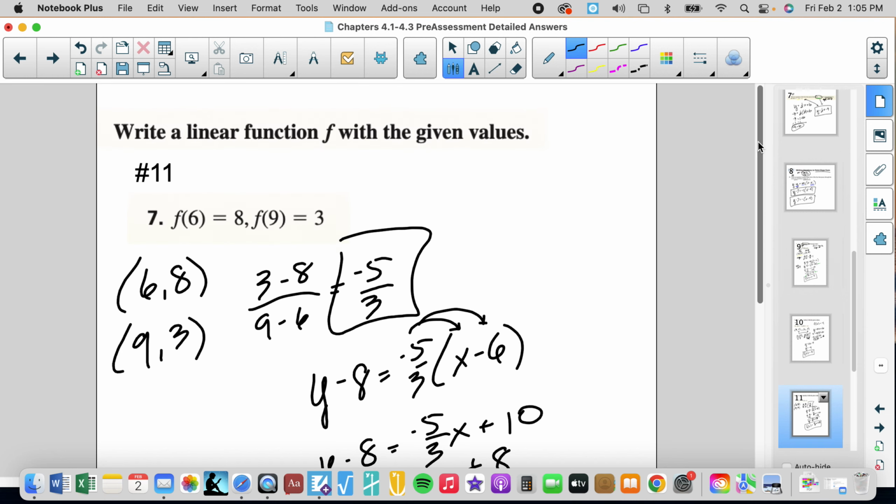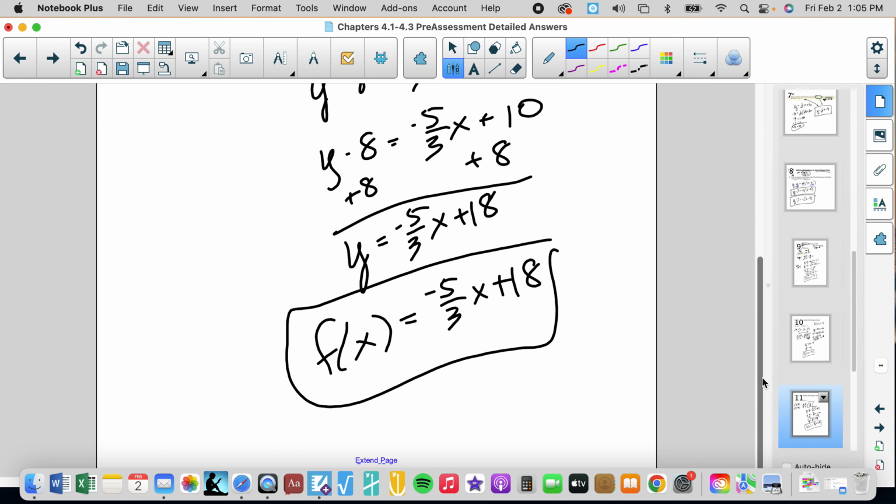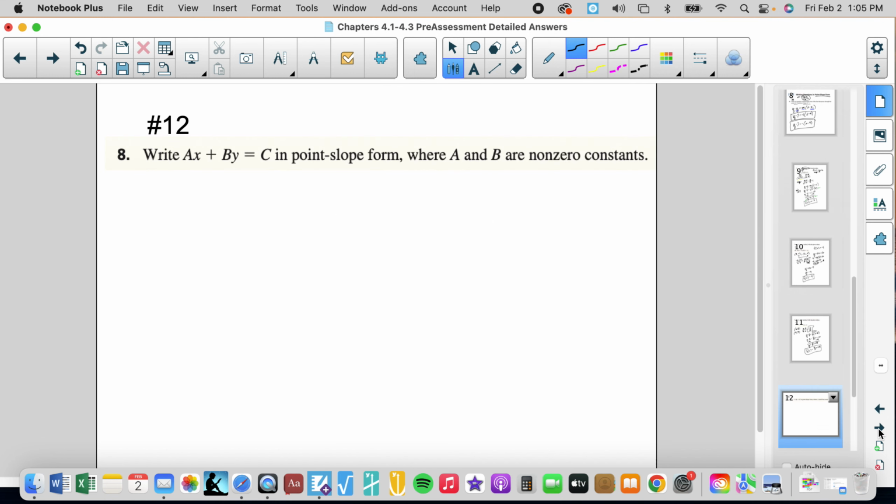What number was that? Let's see if I got that right, just to make sure. Oh yeah, nice. Now this is a good question, right? Ax plus By equals C. This is standard form.